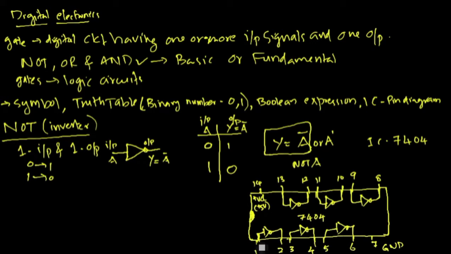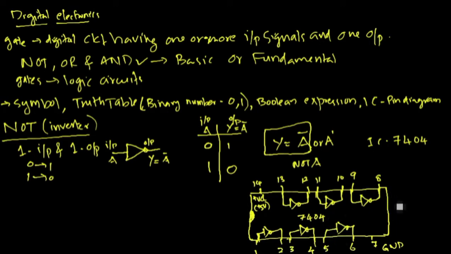That is, for a 5 volt power supply you can apply ground for 0, or 5 volt for 1. Then note the corresponding outputs. When pin 1 is 0, then pin 2, the output terminal, will show a high value, that is 5 volt. When pin 1 is 5 volt, then output pin 2 will show 0. Similarly for all other gates.